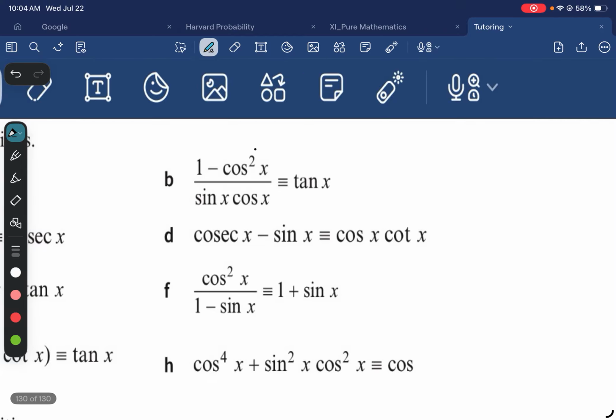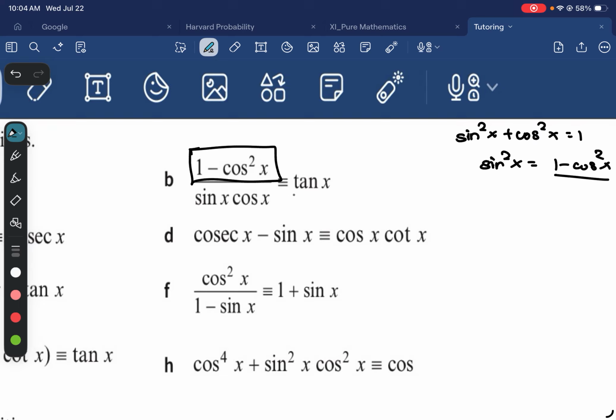1 minus cos squared x over sin x cos x. Now, if you remember, sine squared x plus cos squared x was equal to 1. So sine squared x is going to be 1 minus cos squared x. And that 1 minus cos squared x is exactly what we have in the numerator here. So the numerator here is going to become sine squared x, and the denominator we have sin x cos x.